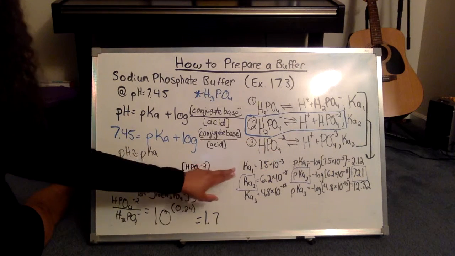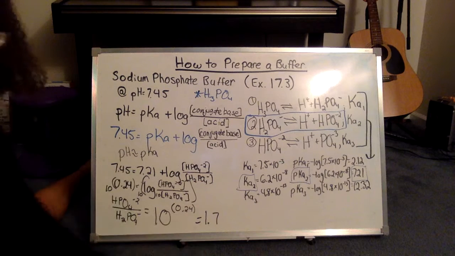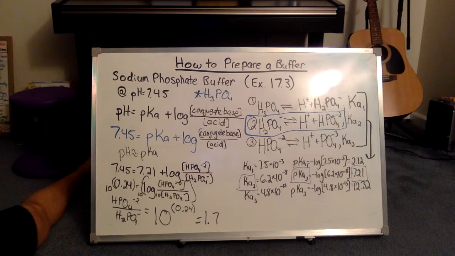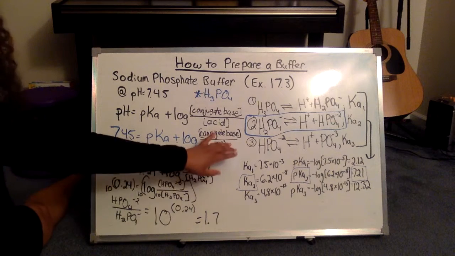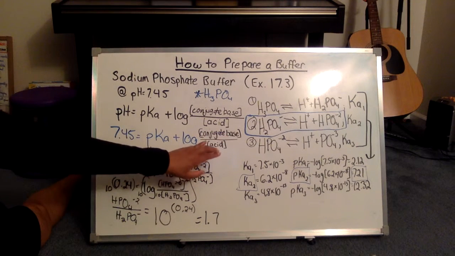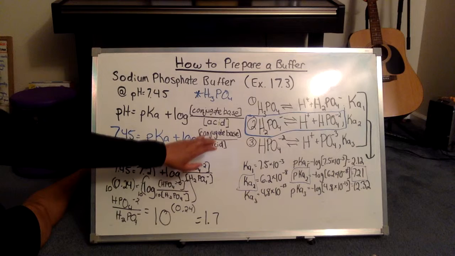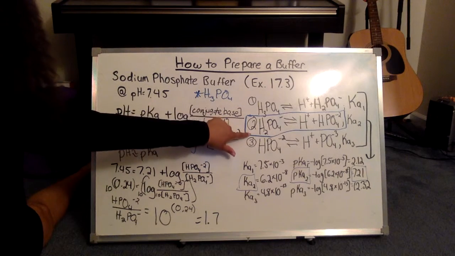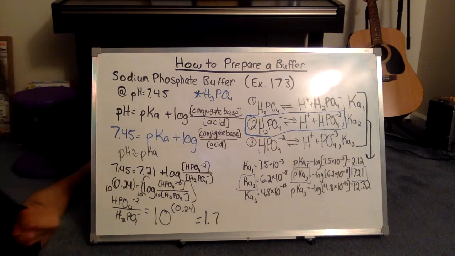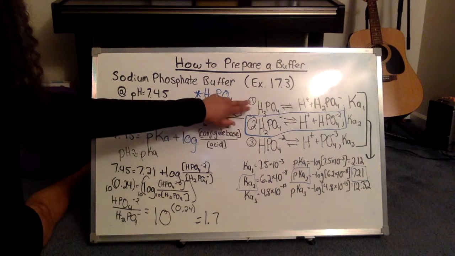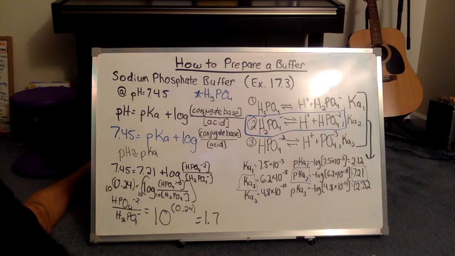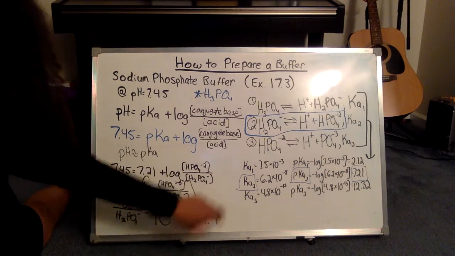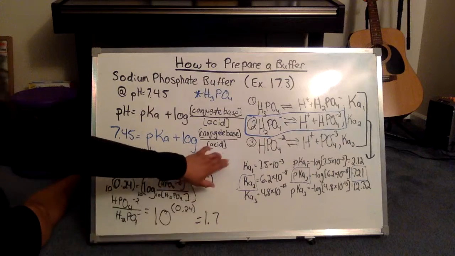We looked up the pKa values in your book. I think it's table 16.5 or something like that, to find out the pKa values for each of these. You see it as either the acid or conjugate base; they provide both of those Ka values.